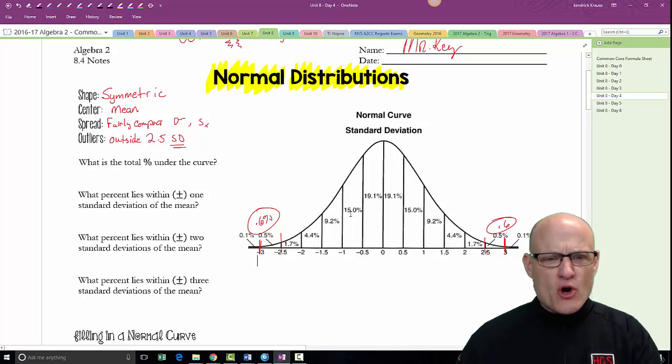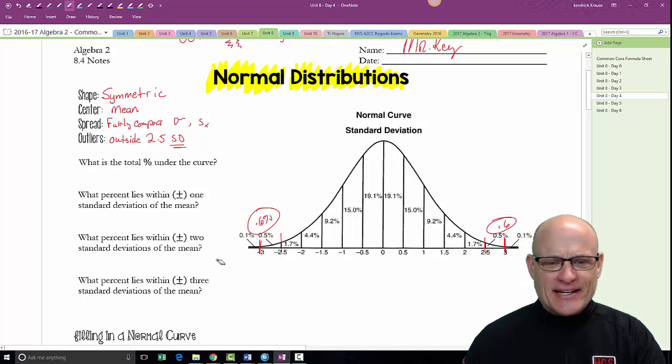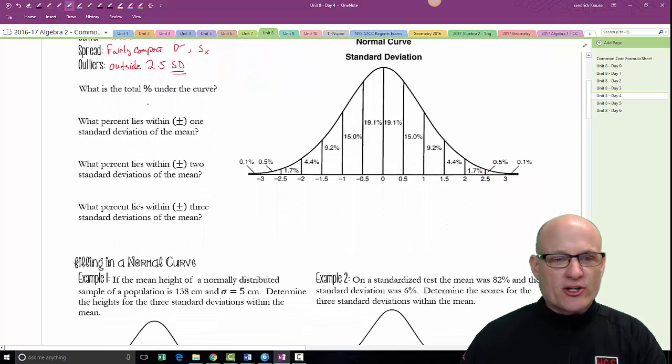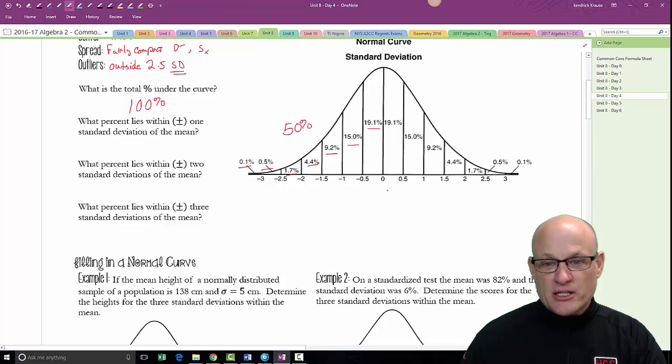So if you look at this normal distribution curve, what you'll find is, if you took your calculator and added all this stuff up, the area under the curve would be 100%. Simply stating, this and this and this all add up to 50%. So 50% would be below the mean and 50% would be above the mean.